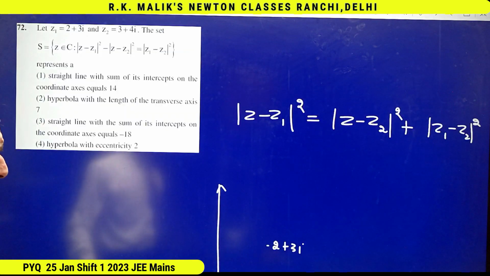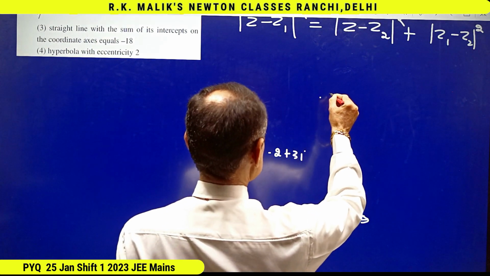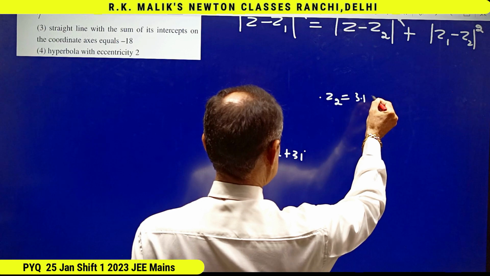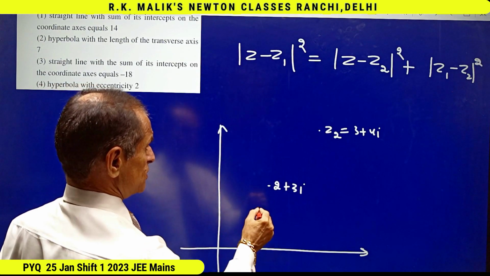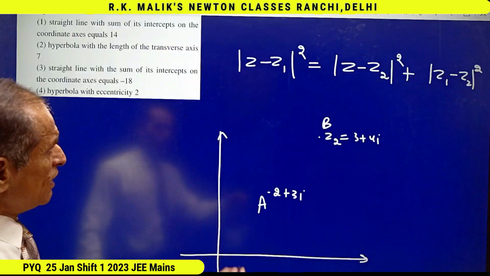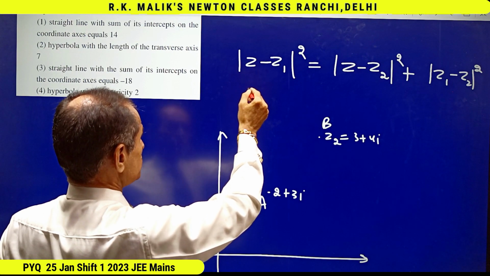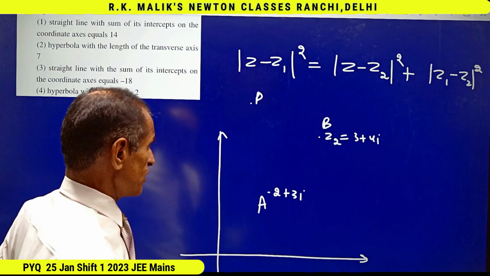Z2 is 3 plus 4i, 3 plus 4i is somewhere here, which satisfies this condition. Suppose this point is A and this point is B, and suppose Z is the complex number of the point P. P is somewhere here.